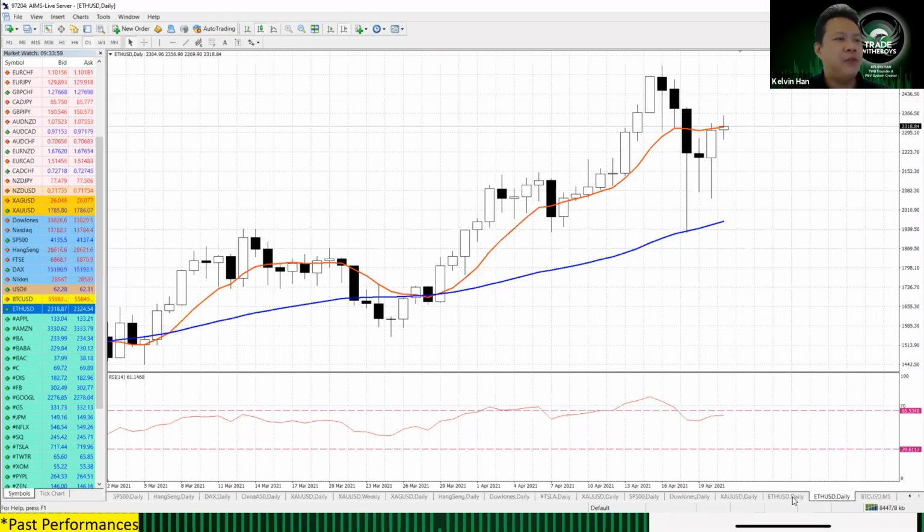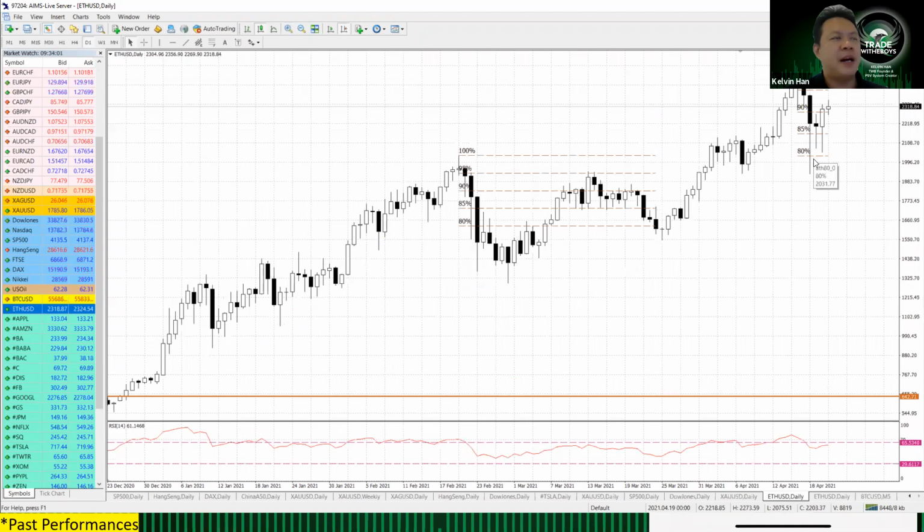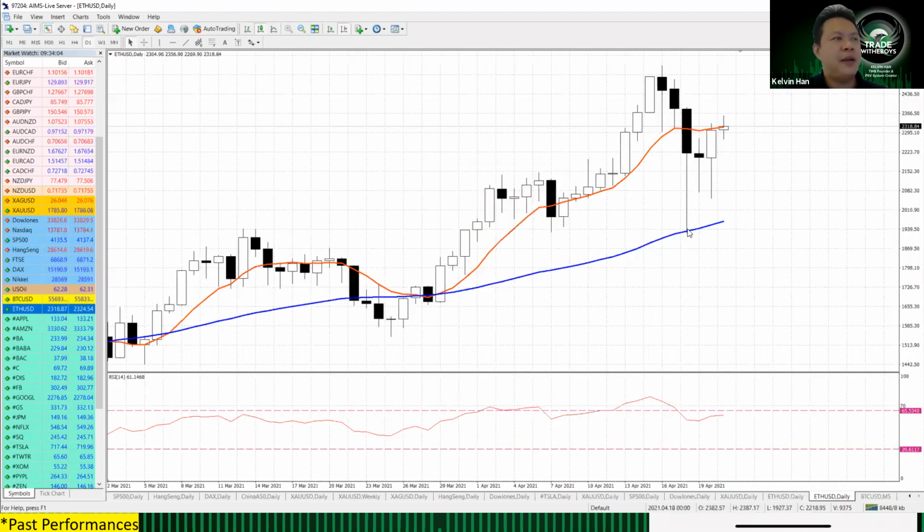Imagine if you knew the Ethereum 80% marker and also knew this MA70 existed, you would have bought Ethereum right smack at the lowest of the day itself. This is amazing. That's why I say we have a very powerful tool showing this. Seriously incredible.